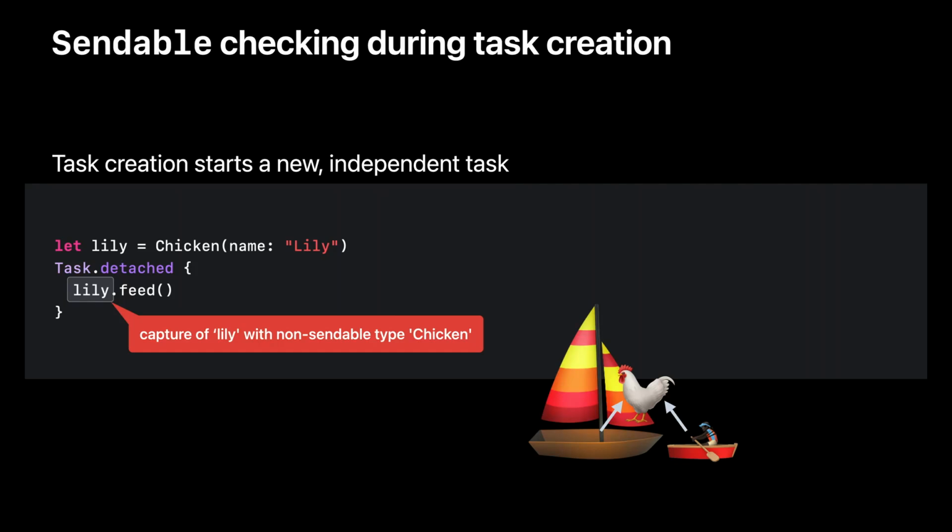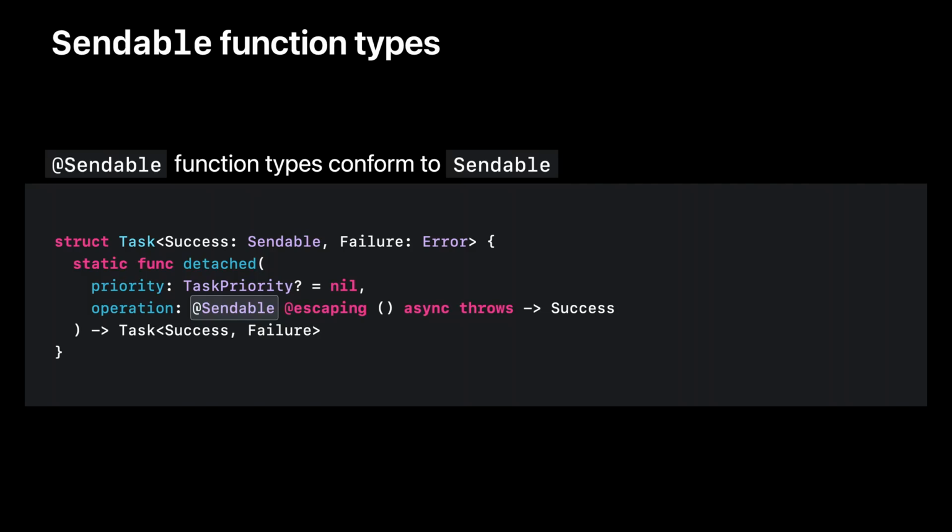This isn't magic for task creation. The closure is being inferred to be a sendable closure, which could have been written explicitly with @sendable. Sendable closures are values of sendable function type. @sendable can be written on a function type to indicate that the function type conforms to the sendable protocol.